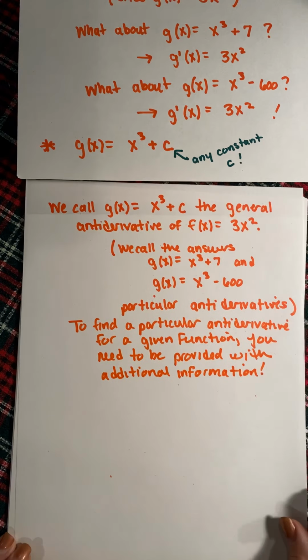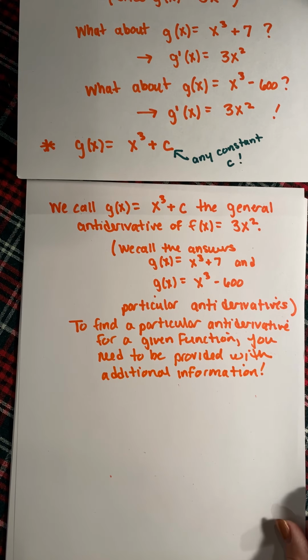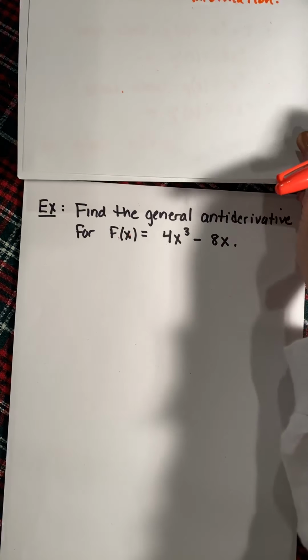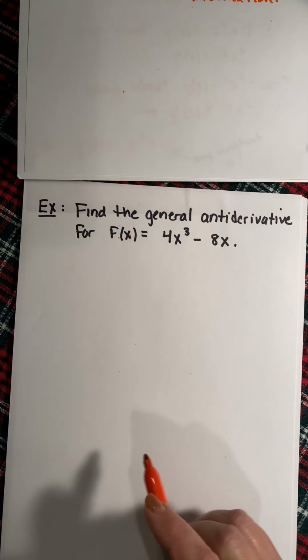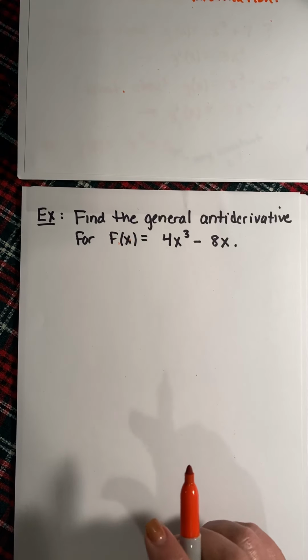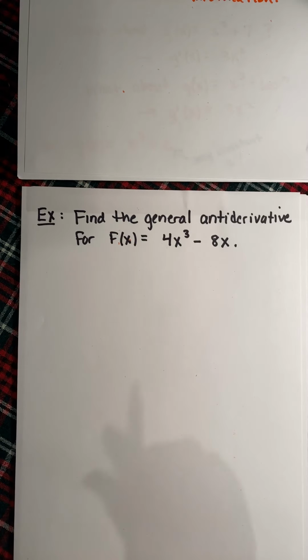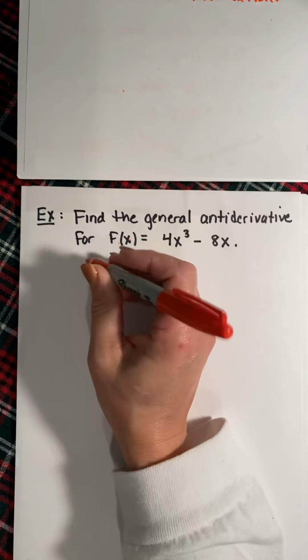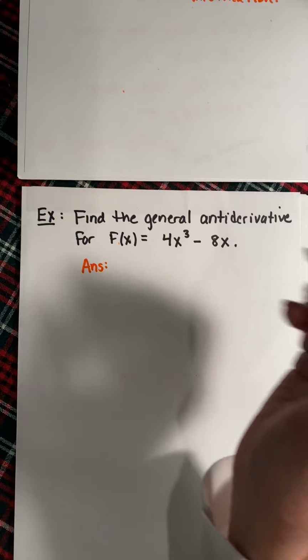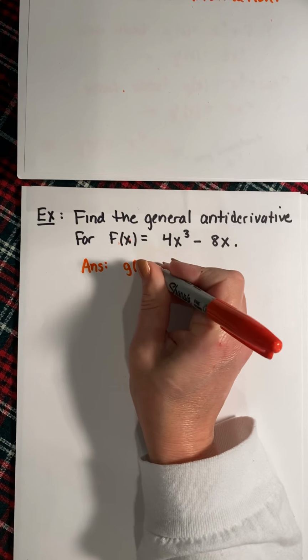Okay, so continuing, let's try another example. Find the general antiderivative of the function f of x equals 4x cubed minus 8x. Answer: I'm going to call the general antiderivative g of x.